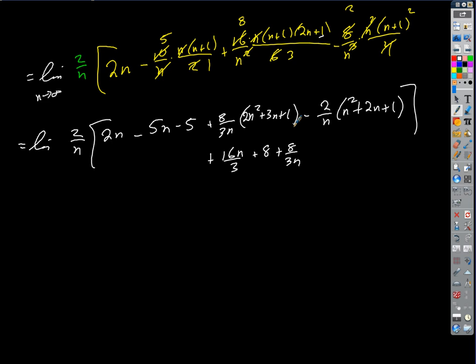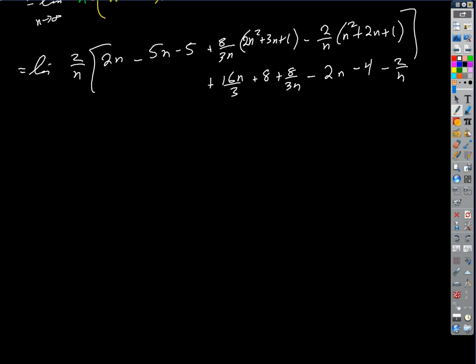That look right? Okay. Is everybody there? Yeah, yeah. Okay. What about here then? We're going to get minus 2n minus 4 minus 2 over n. Ready by that?